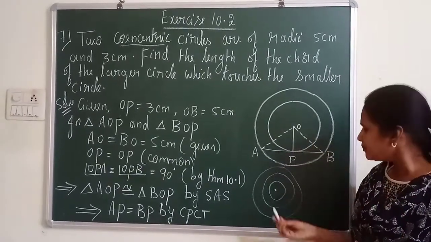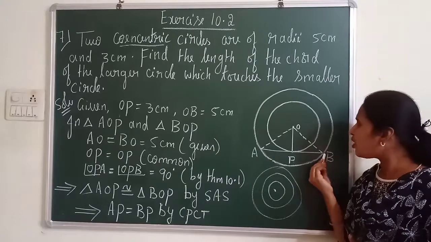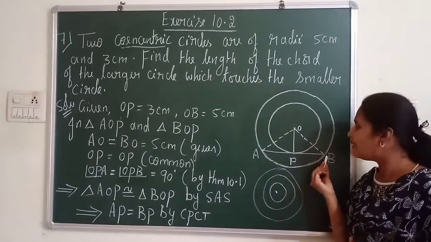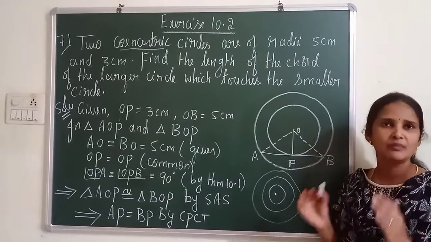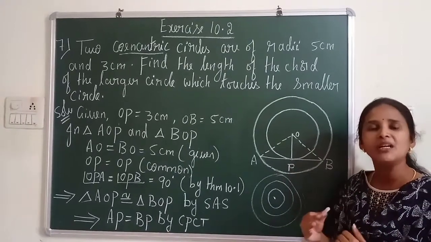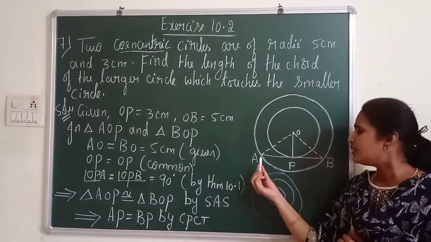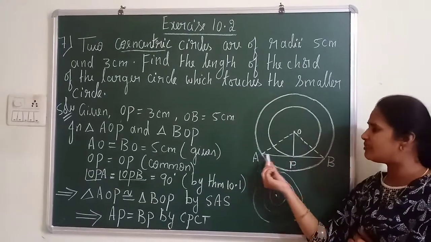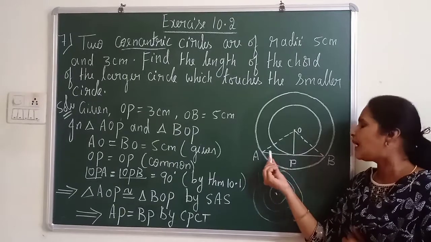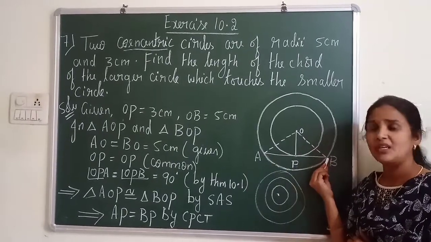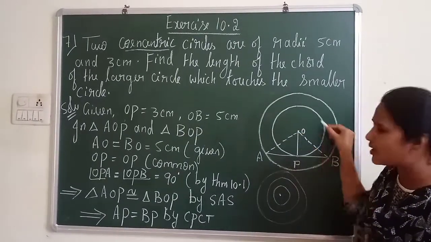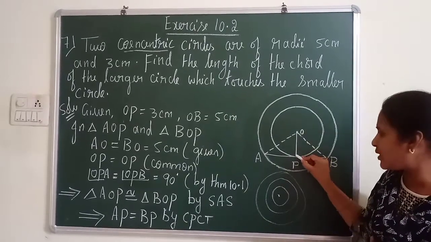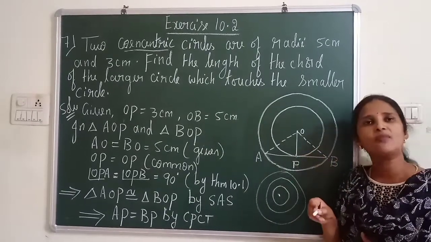Observe, when AB is a chord for the bigger circle, what will AB be for the smaller circle? Just observe and tell. The same AB is a chord for the larger circle because it meets it at 2 points, and the same line segment AB is a tangent for the smaller circle, where P is the point of contact.